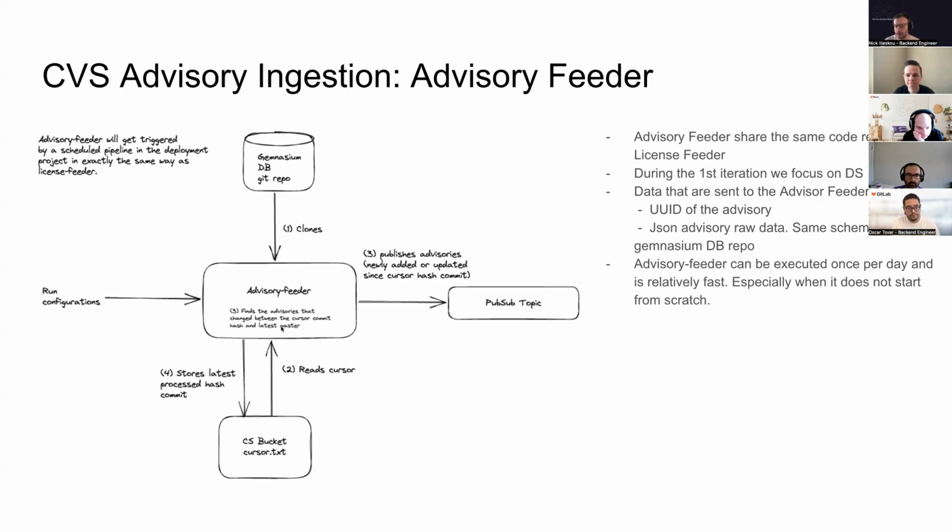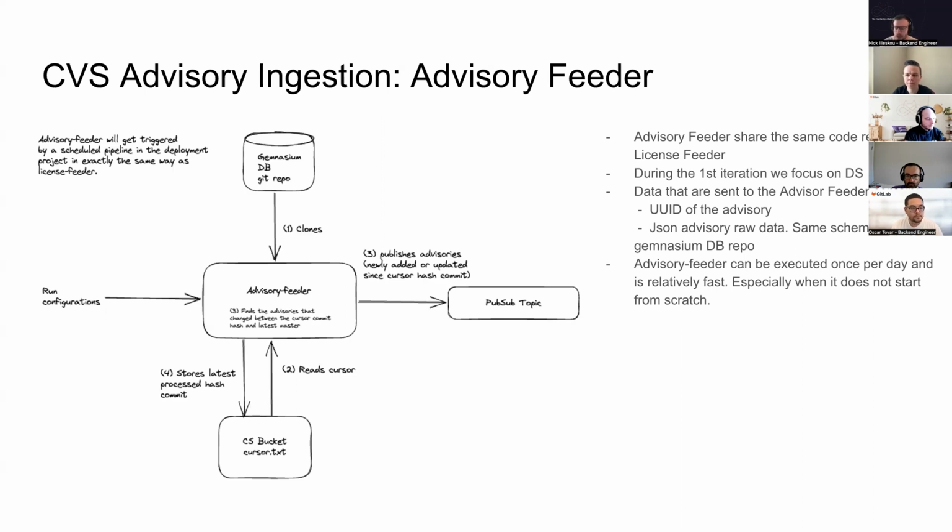Then we compare and we find the advisories that changed between the cursor commit hash and the latest master. And those advisories, we publish them directly on the PubSub topic. And then, as a final step, we store the latest processed commit hash back to the cursor. So the next time the advisory feeder executes, it can continue from where it finished the previous time.